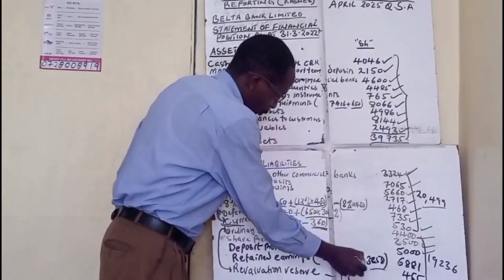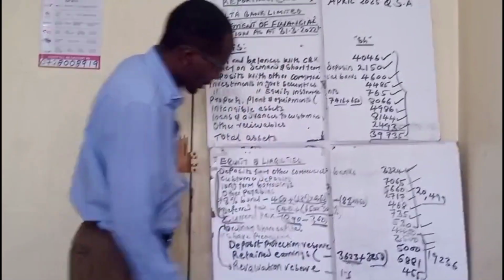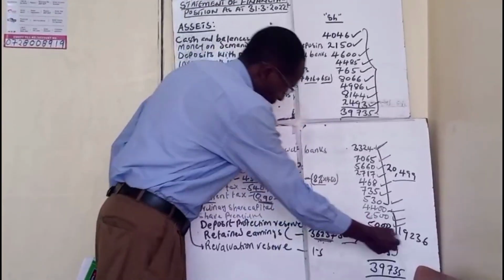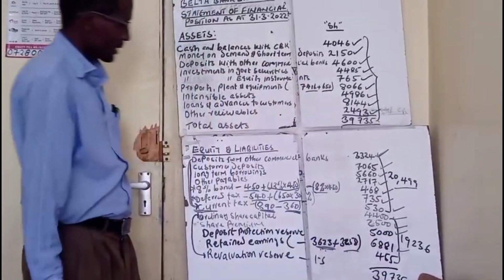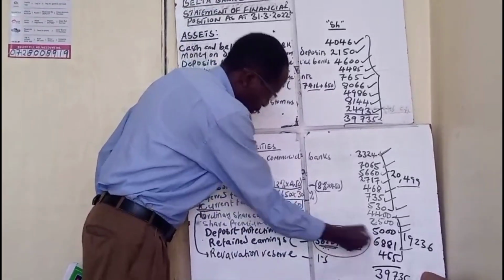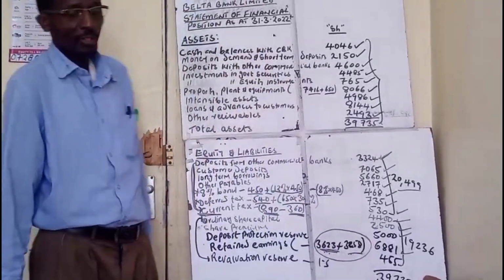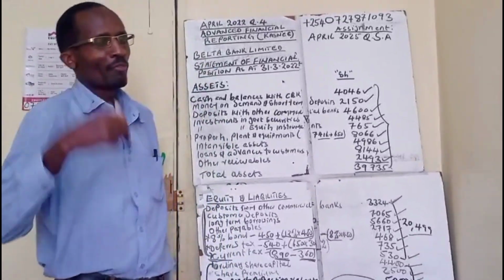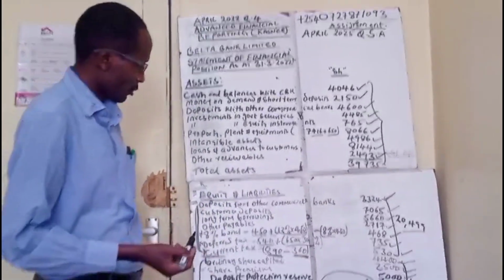We got, I think, 258. Then you combine them together, you get 6881. Note that one of the figures here is the balance brought forward for the retained earnings. The other one is coming from the income statement which we prepared in the last lesson.